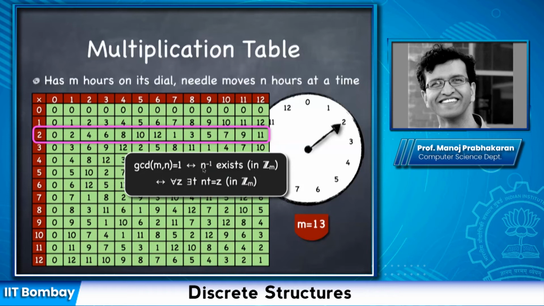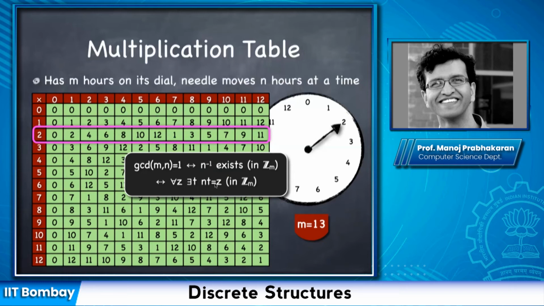And I'm claiming that that is actually the same as the following statement, which says that for any hour z, so think of z as a number on the dial, there is some time step t such that you would reach it. And not just that, this is all happening in Zm, so this t is an element in Zm. So it is somewhere in the range 0 to m minus 1, okay?